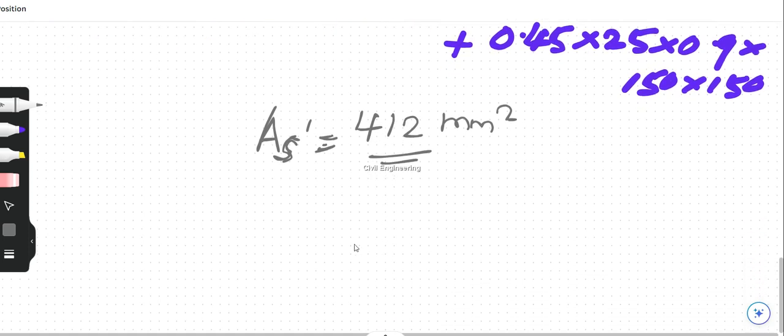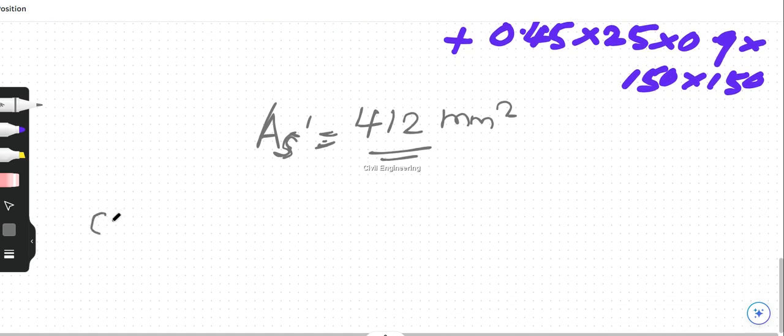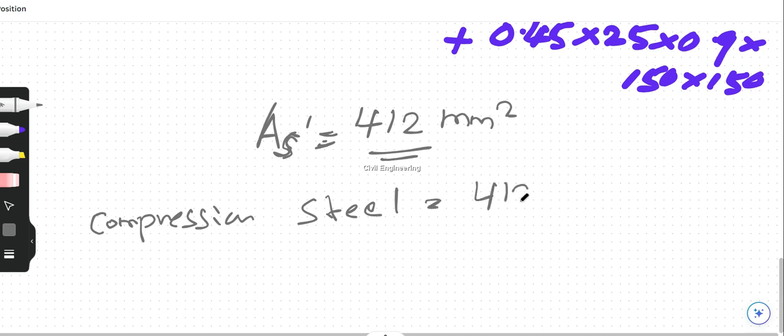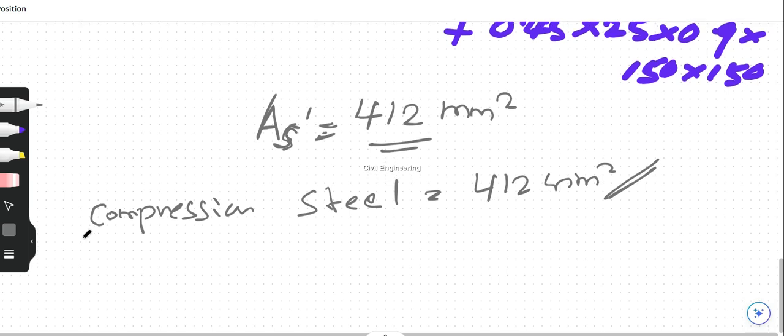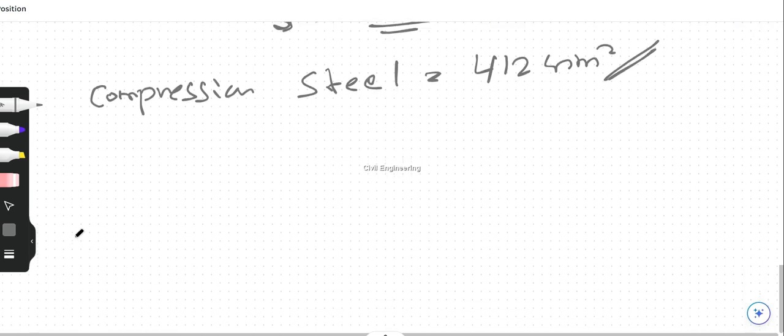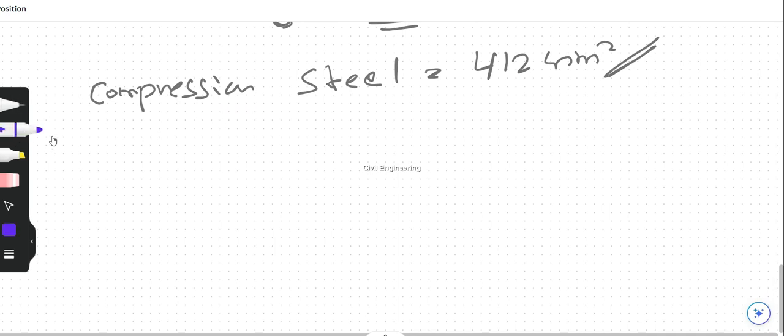Okay, it means we provide compression steel with 412 square millimeters. But we cannot add any amount of reinforcement into a beam section according to BS 8110.